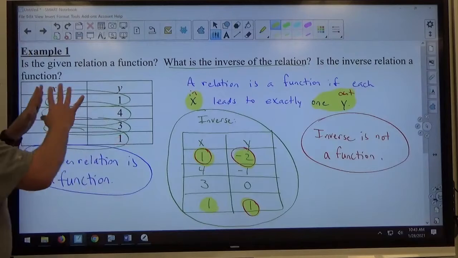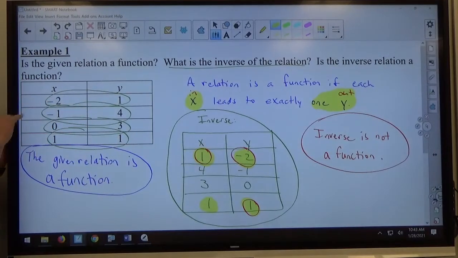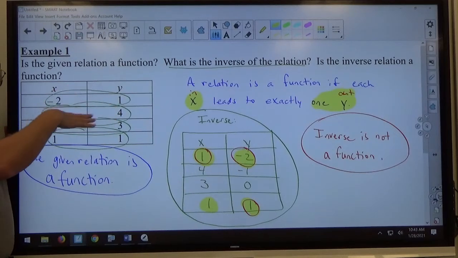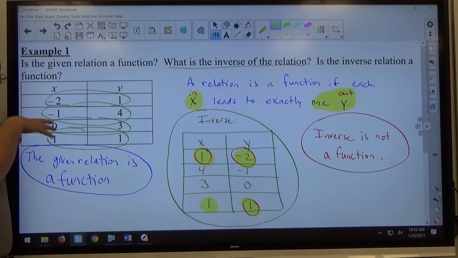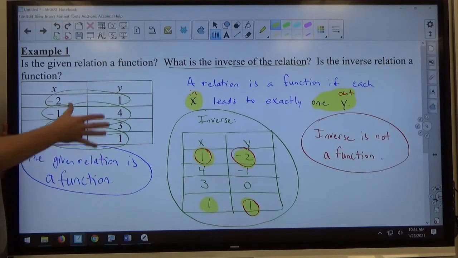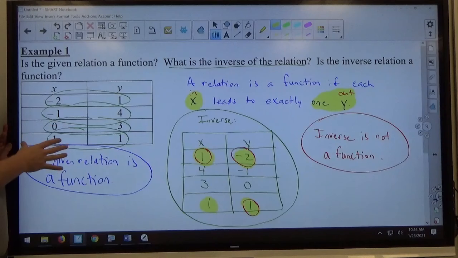I took the ordered pairs they gave me and I just swapped them. There's no equation related to this. Oh, all right, they're just saying here's some random set of points. No, they're just saying that this input gives me that output. They made some equation that has these x's lead to those y's. They didn't tell me what the equation is. Sometimes they do, sometimes they don't. This time they gave me a relation that's just a set of ordered pairs.